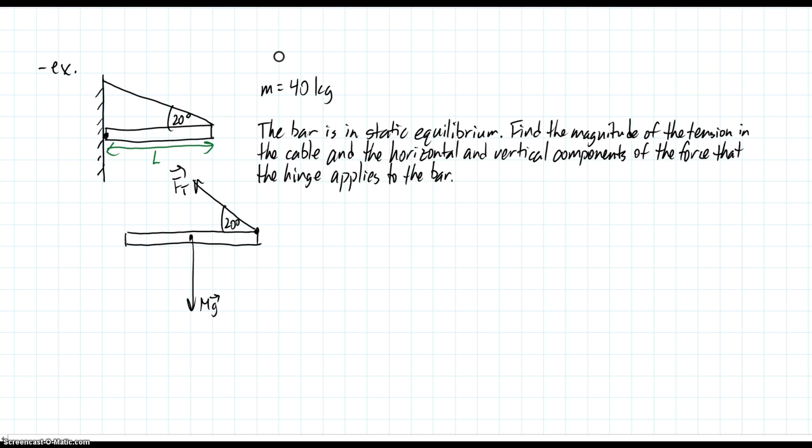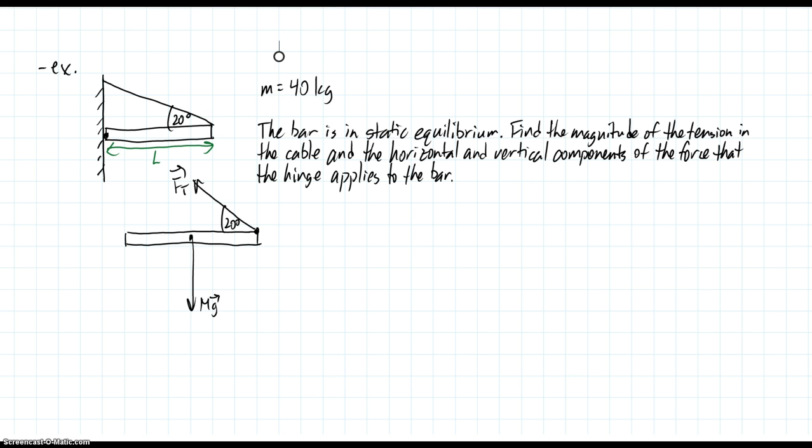If this was the full story, if this was the complete correct free body diagram for the bar, there would be no way that the bar could be in static equilibrium. No matter what the values of the tension and the weight are, there would have to be a net force to the left. Therefore, we know at the very least the horizontal component of the force from the hinge must point to the right.